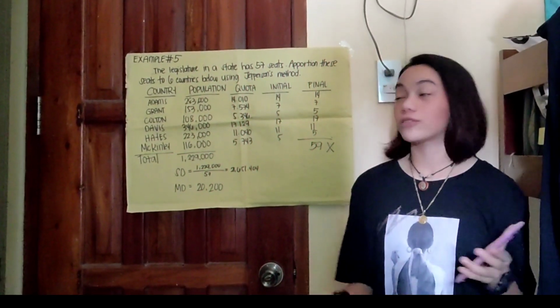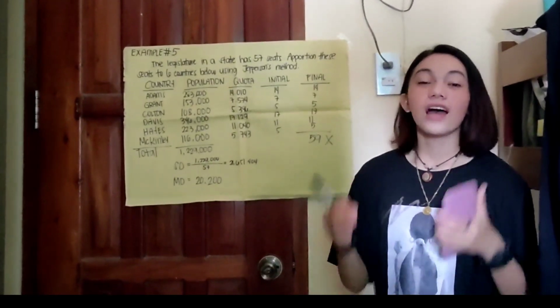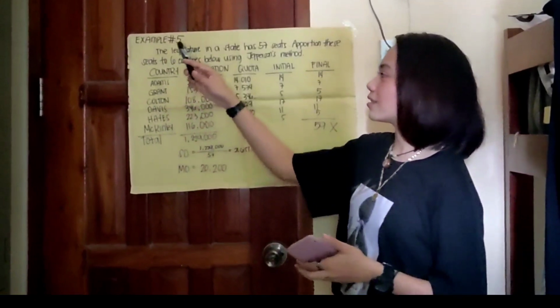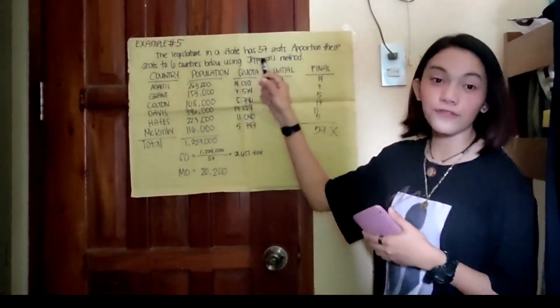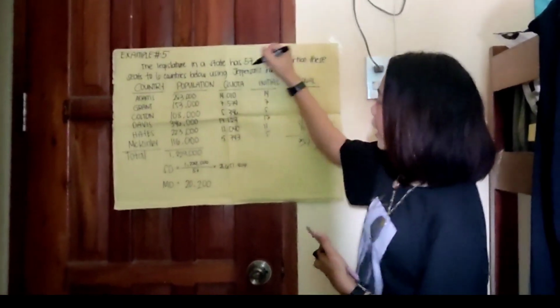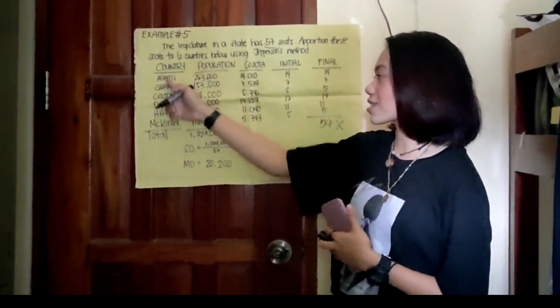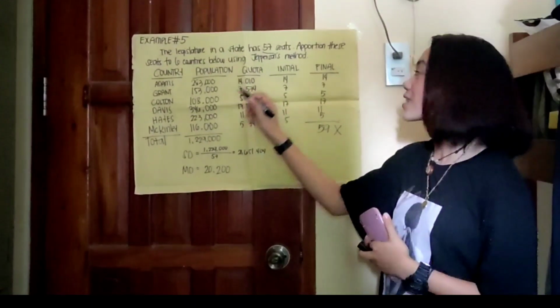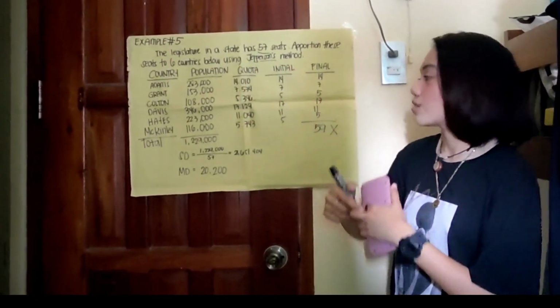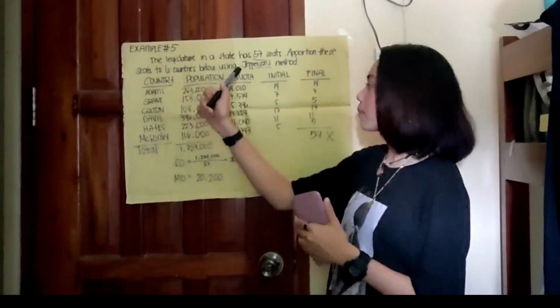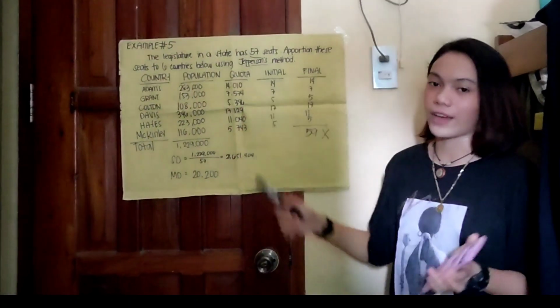Hello everyone, welcome to example number 5. Our problem is: a legislature in a state has 57 seats. Apportion these seats to 6 countries below using Jefferson's method. Again, this is our country, population, quota, initial, and final.